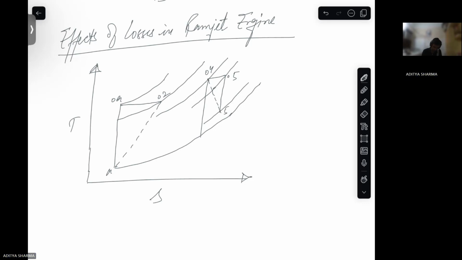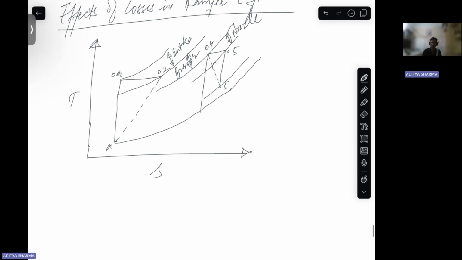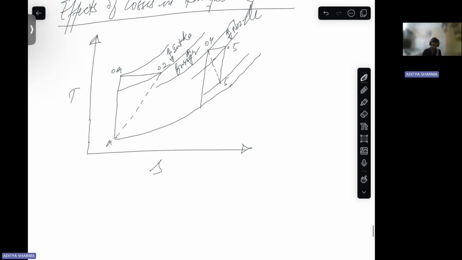So here, if you see, this loss is pressure loss with intake. This is with your burner, that is your combustion chamber, right? And this is with your nozzle. So this basically is the real scenario in case of ramjet engine.